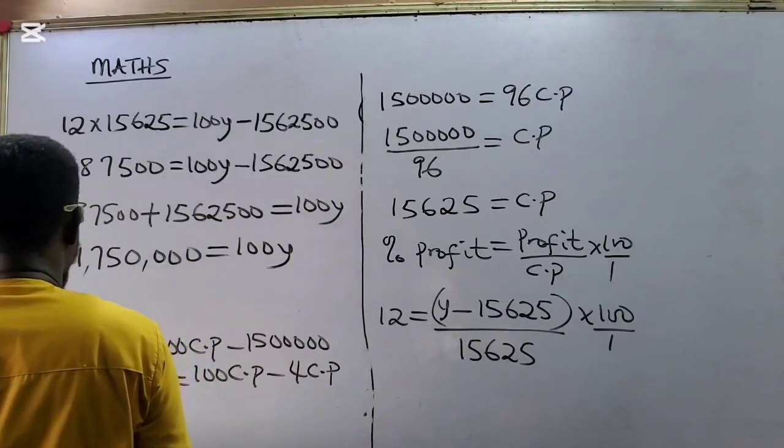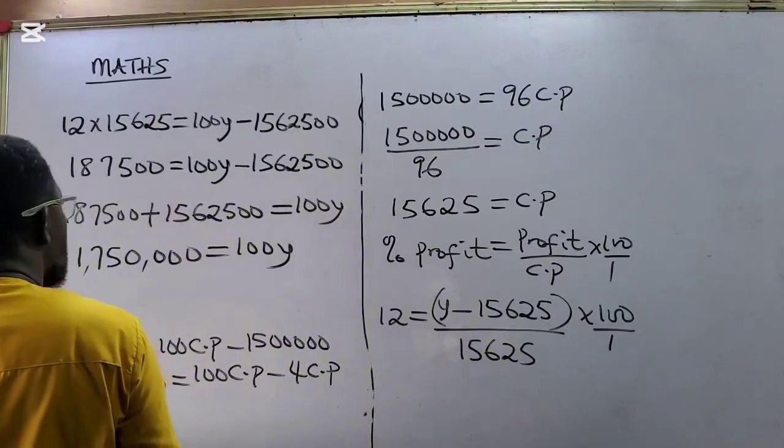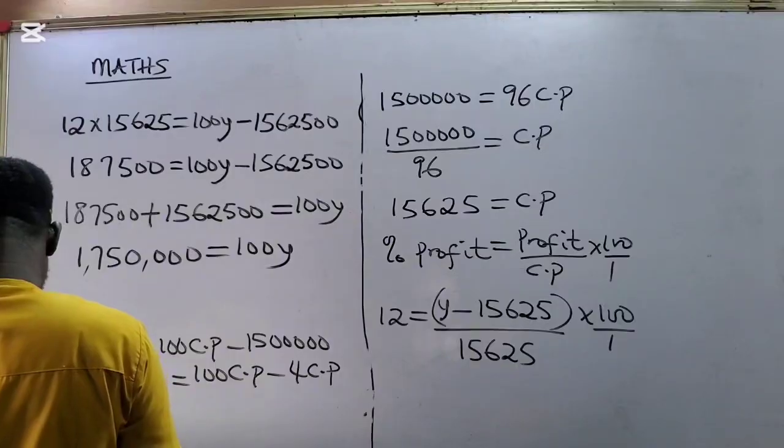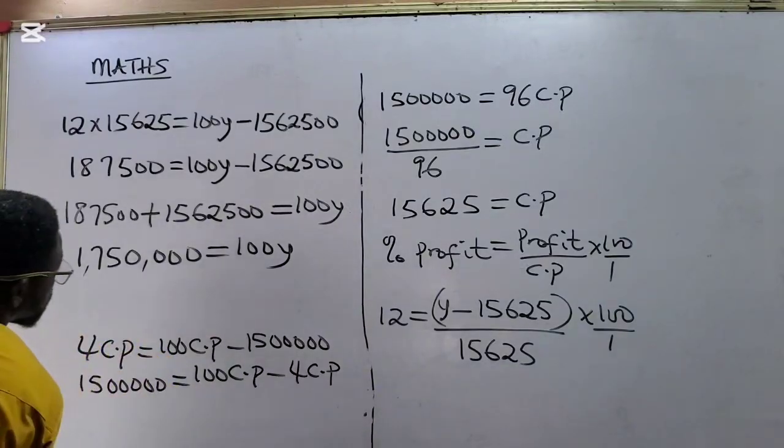Let's just check that. 1,562,500 plus 187,500, okay, so that's correct.